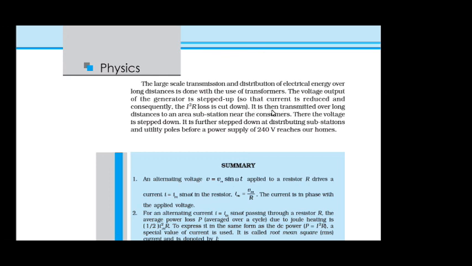It is then transmitted over a long distance to an area substation near the consumer. There the voltage is stepped down. It is further stepped down at distributing substations and utility poles before the power is supplied at 240 volt to our homes. So this is the end of this chapter.